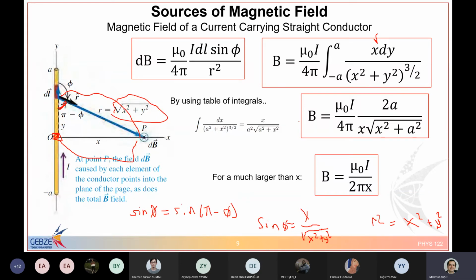Okay. And if you try to do that integration, you will find that it's not that easy. So you use table of integrals. You just search online for table of integrals and you look for something similar. I found something similar online.